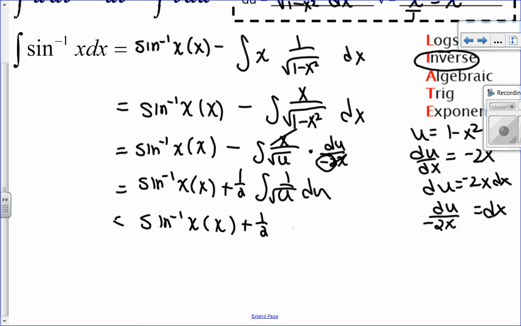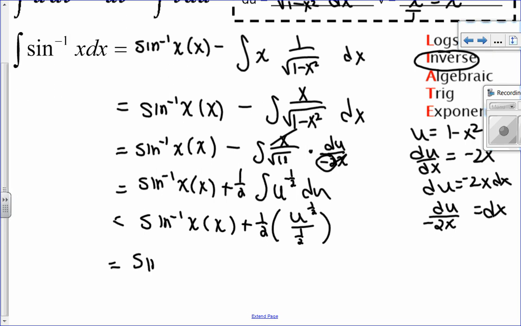Now this 1 over the square root of u is really like saying u to the negative 1/2. So I'm just going to write it like that. It makes it a little bit easier for me. u to the negative 1/2. So when I take the integral, I'm going to use the reverse of my power rule, which is take your base, increase the exponent by 1, which would now be 1/2, divide by the new exponent.